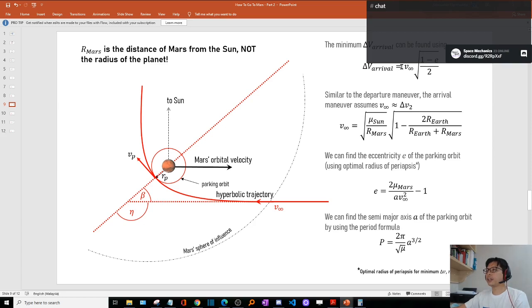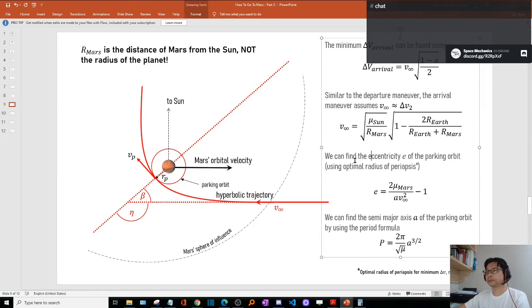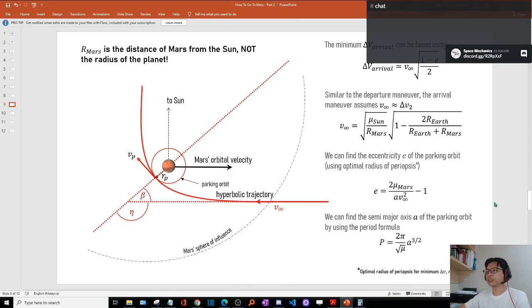So now we found V infinity. What about E, the eccentricity? What we are trying to find is the eccentricity of the parking orbit, not the eccentricity of the hyperbolic trajectory. How do I find this? There's a condition, because in space we need to save fuel.